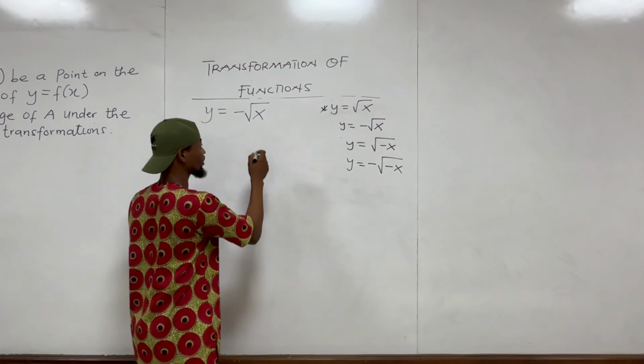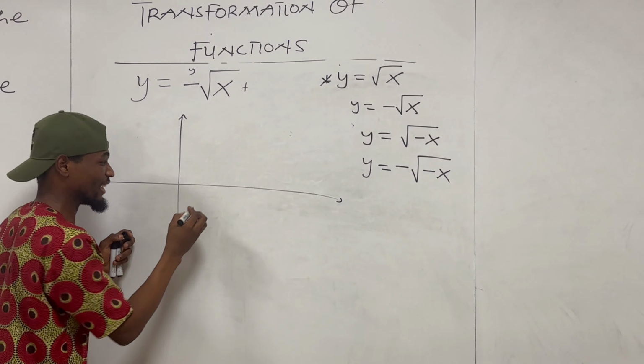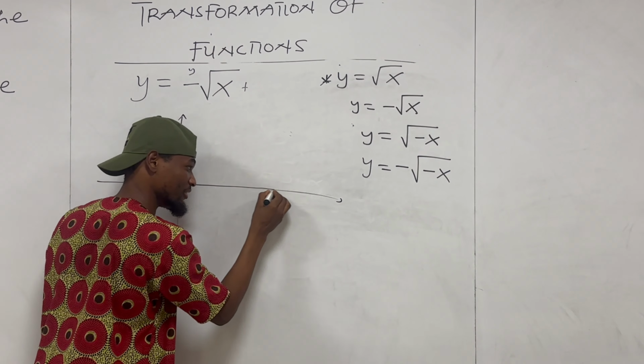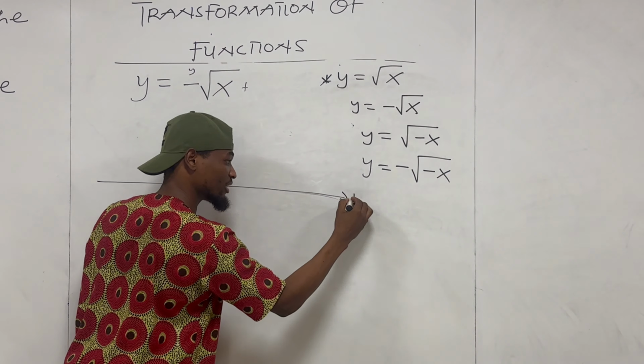It's negative. So if I draw my xy plane this way, where is my positive x-axis? It's here. And where is my negative y-axis? It's here. So I'm going to draw my graph in this direction.